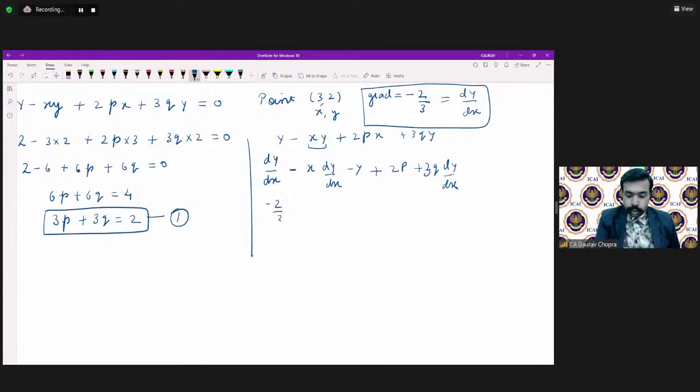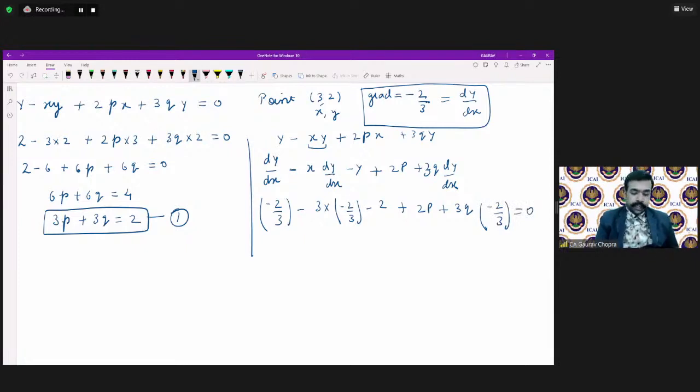So minus 2 by 3 here, then minus. What is the value of x? It is 3. Multiply by minus 2 by 3. Minus value of y is 2, plus 2p plus 3q, and in place of dy by dx it is minus 2 by 3 and equal to 0.